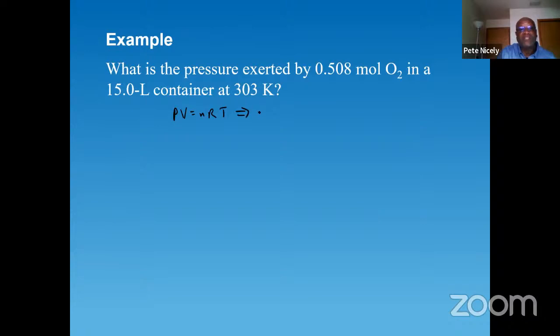So if we rearrange this equation, we're going to get P is equal to nRT divided by V. And then we have to put the numbers in.